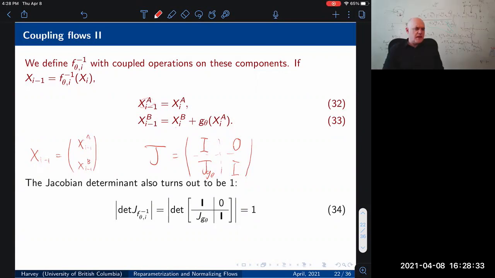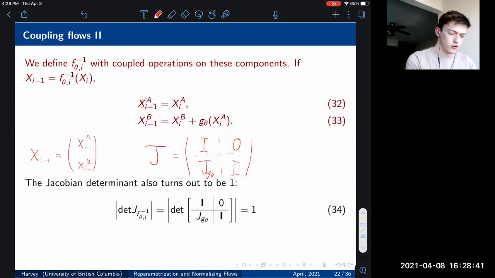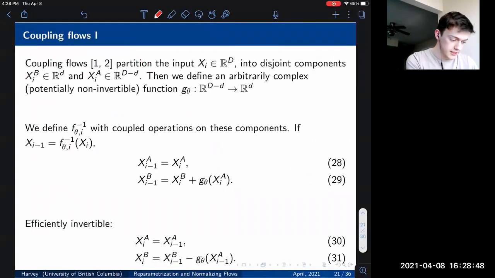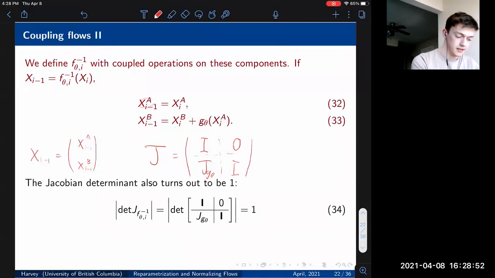Does this imply anything about the relative sizes of A and B? I just thought about this for the first time. No, because, actually, let me check how I define the dimensions. So A has dimension little d. So this thing is going to be a d by d thing.